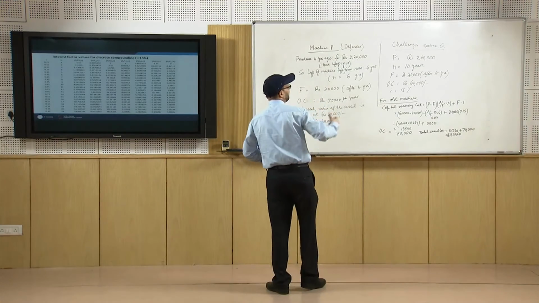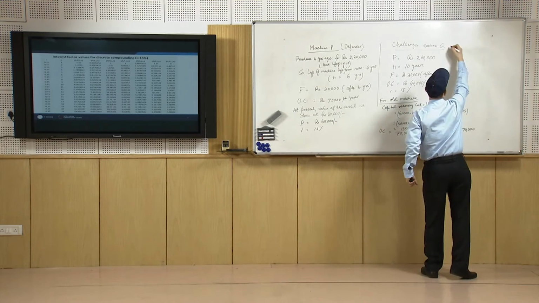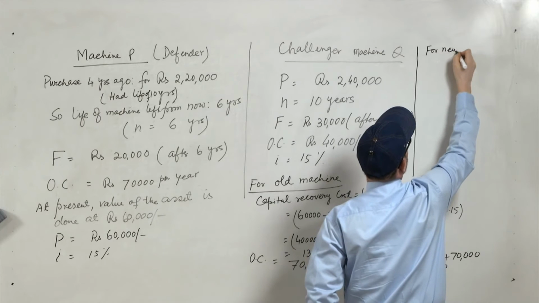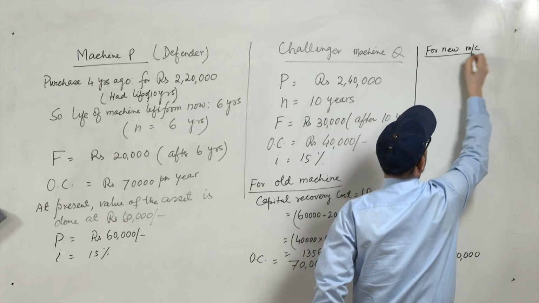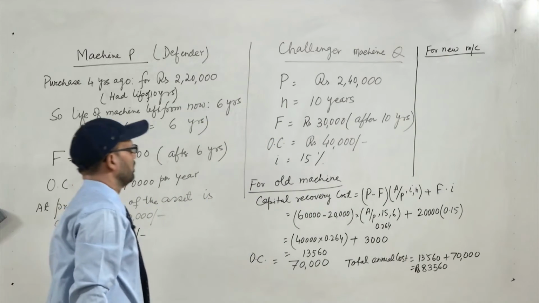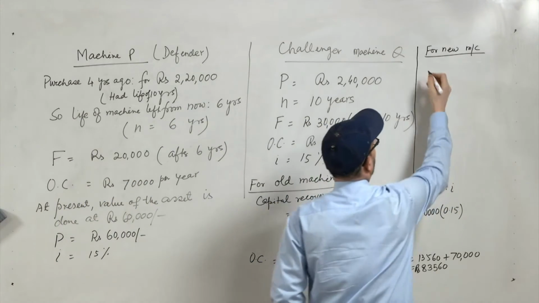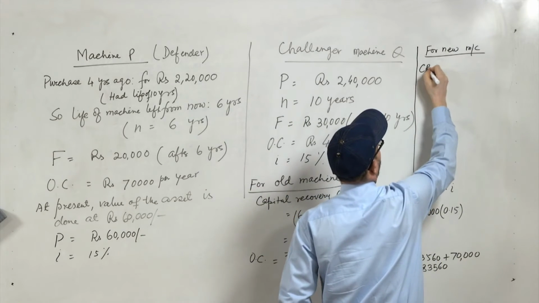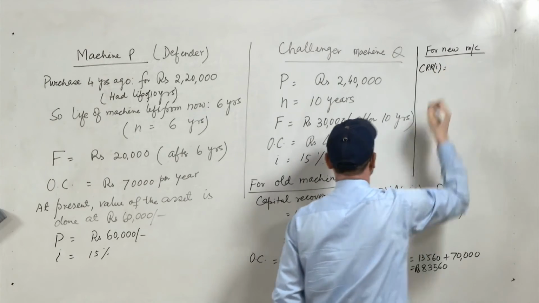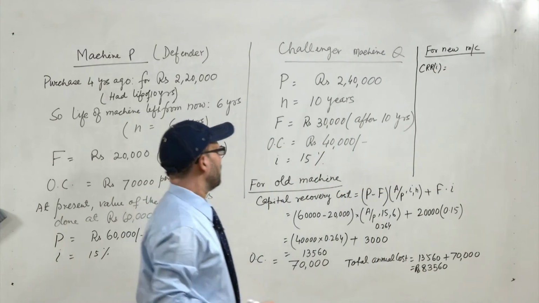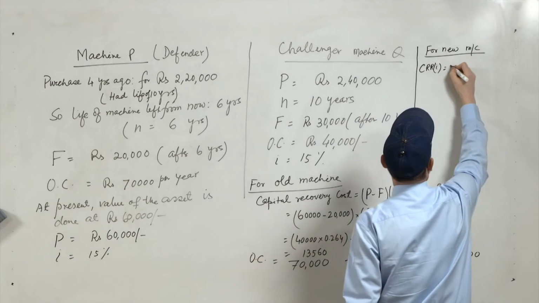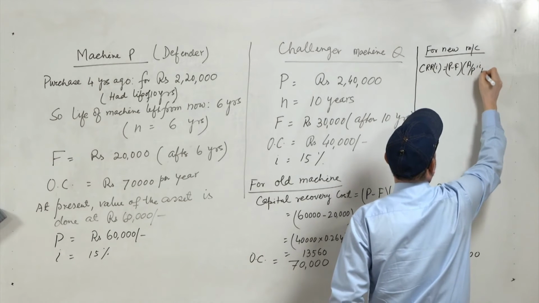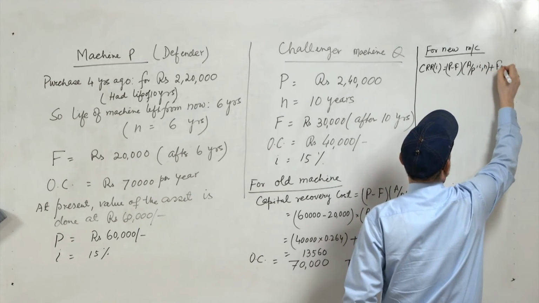Now, we will calculate for the new machine. Similarly, the capital recovery with return cost comes out to be again (P minus F) (A/P, i, n) plus F i.